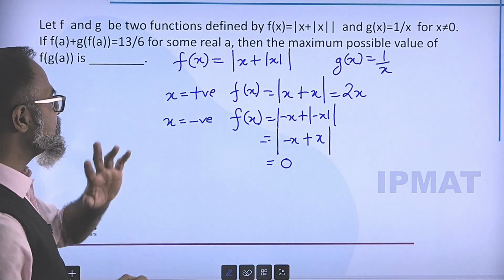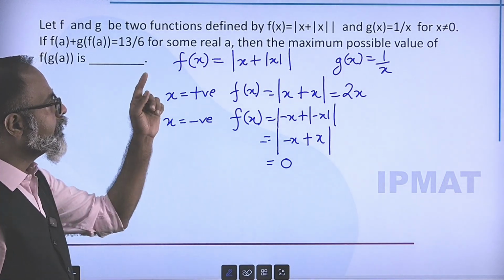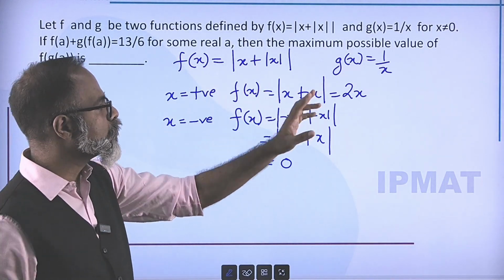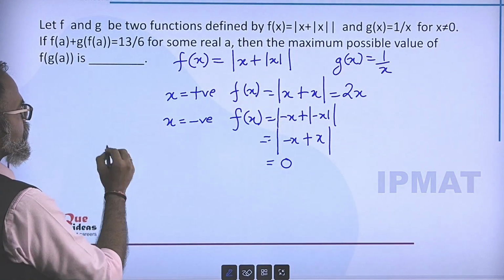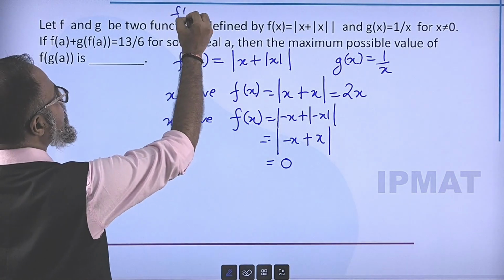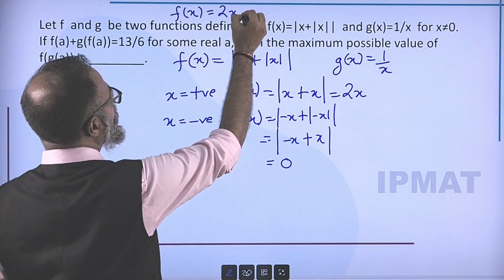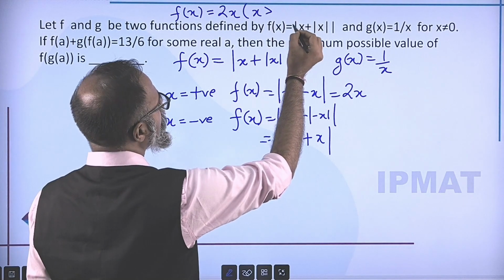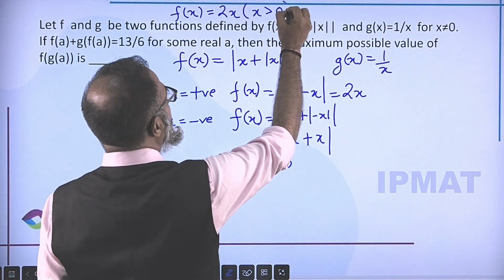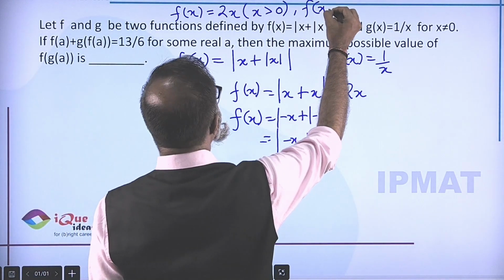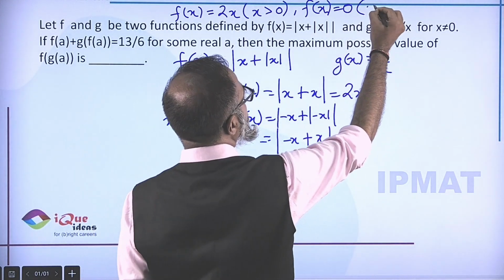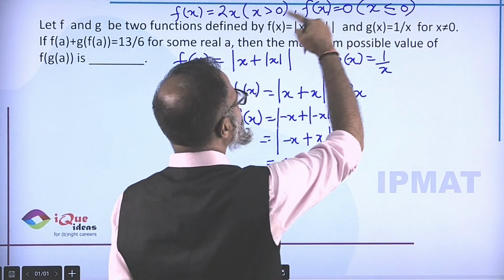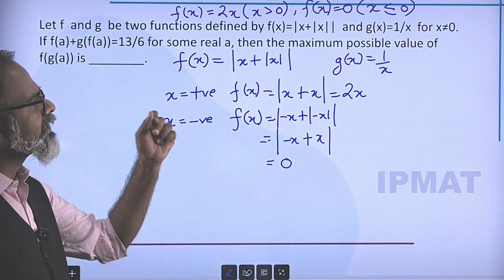So f(x) is a very interesting function. For a positive number, f(x) is 2x. So let's put it like this: f(x) = 2x if x is greater than or equal to 0, and f(x) is 0 for values of x less than or equal to 0. The equal sign can come on any side, it doesn't make a difference.